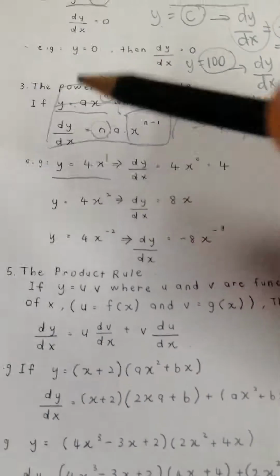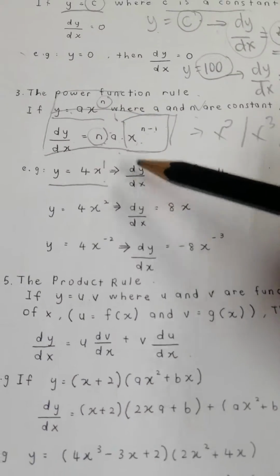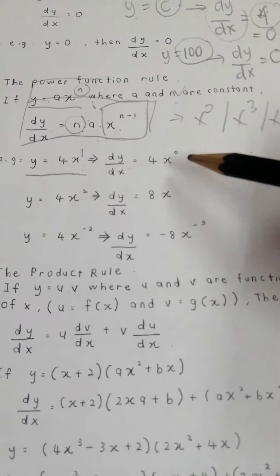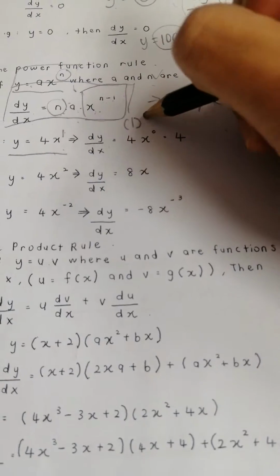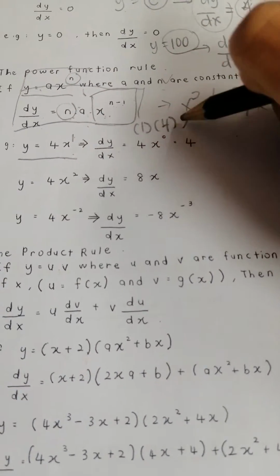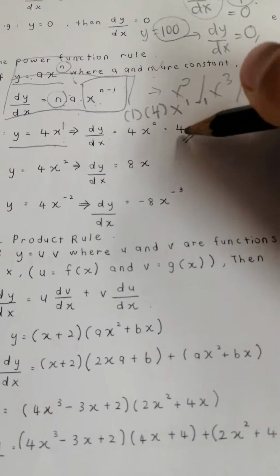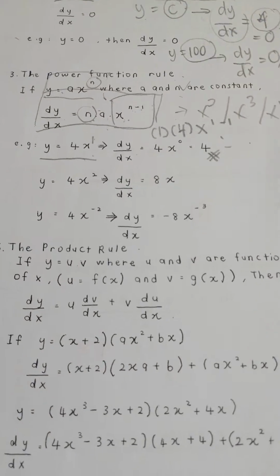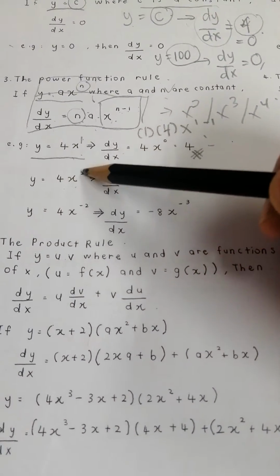So this equation y equal to 4x power of 1, differentiate this equation, it will be 1 multiply with 4 x power 1 minus 1. So that's why will be number of 4 only. Okay, we go to the equation number 2, y equal to 4x2.